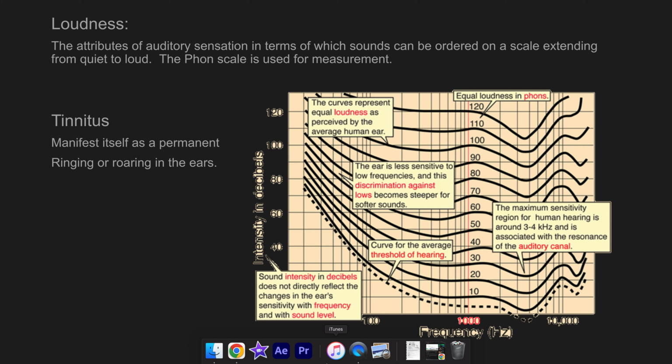Let's talk about loudness. Loudness is the attribute of auditory sensation in terms of which sounds can be ordered on a scale extending from quiet to loud. The Fon scale is used for this measurement. Here is a chart representing different loudness curves.